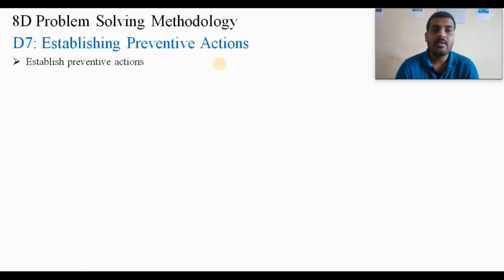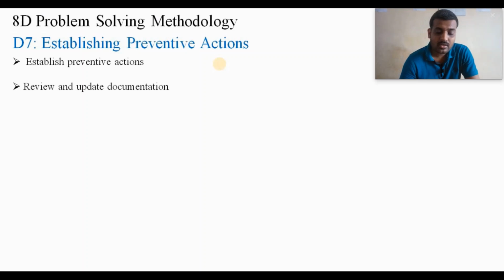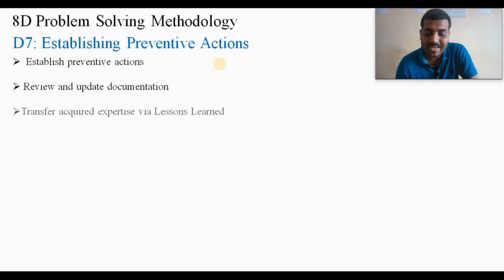For example, the FMEA document, control plan updation, and drawings alteration. Then with definition of appropriate measures in respect to the quality management system. Third, through transfer of adequate expertise via lessons learned or findings.